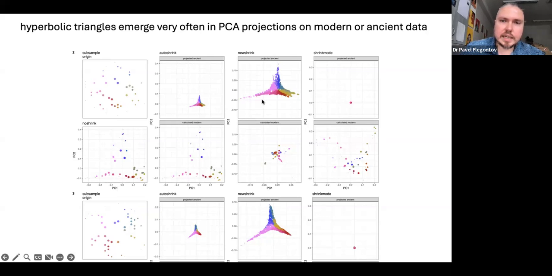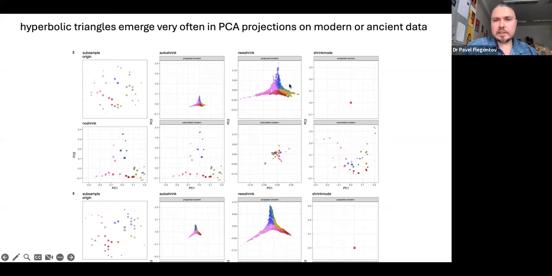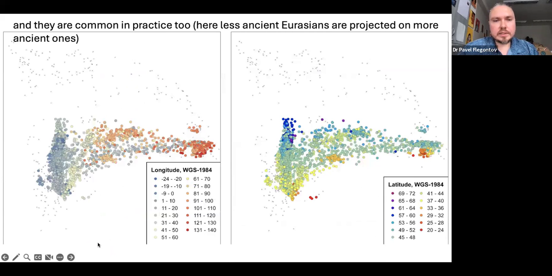And here we see that a very common pattern is that the originally hexagonal landscape that is perfectly visible on a PCA without any subsampling becomes distorted into a hyperbolic triangle. And this is a very common pattern on simulated data under subsampling and with projection. And we see very similar things on real data.